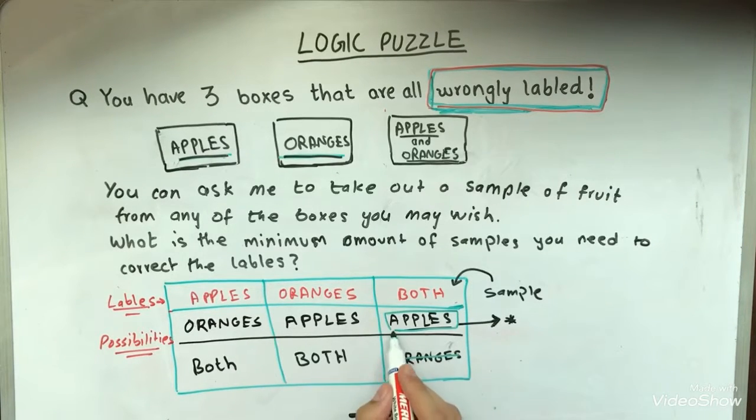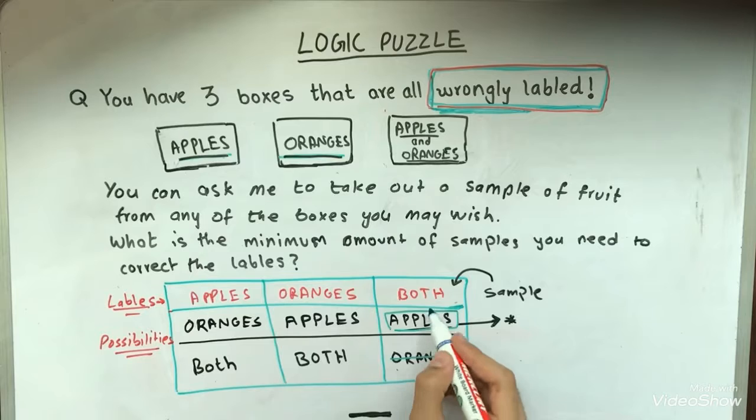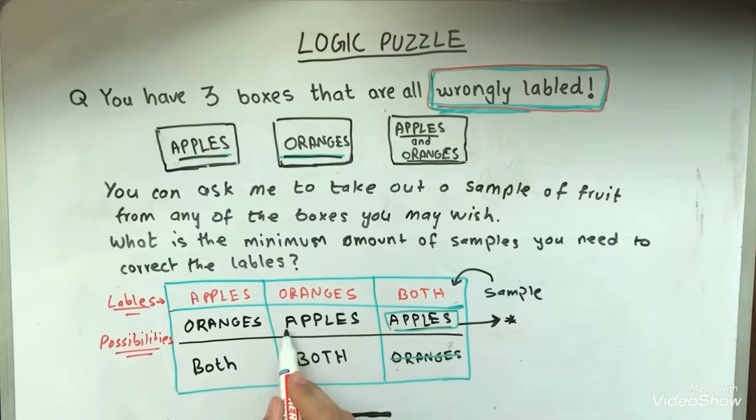If it contains apples, the box that has the label oranges could have contained apples or both apples and oranges. However, this box already contains only apples, so you kick out that possibility.